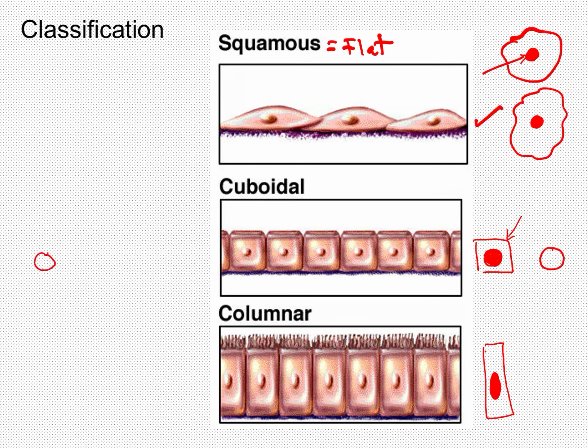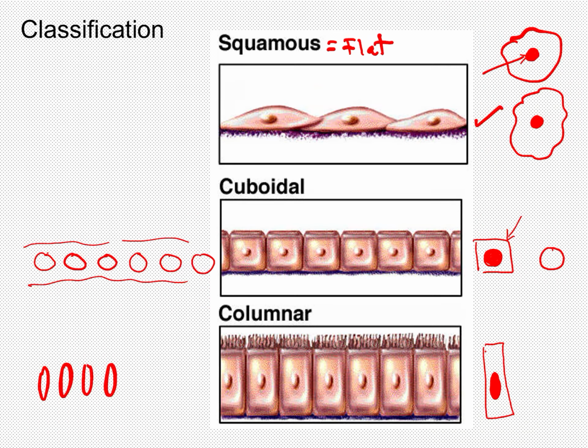So if you see lots of round nuclei, even though you can't really make out what shape the cell is, you know they're cuboidal cells. If you see lots of oval nuclei like this, then you can say that those are columnar cells. Okay, so I'll point out some examples later, but that's one of those characteristics of each cell type.